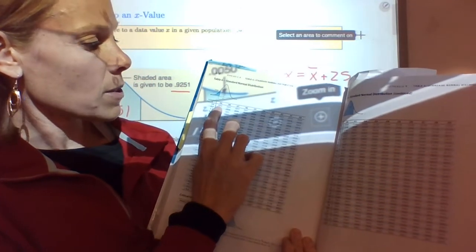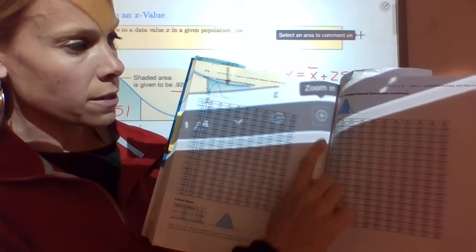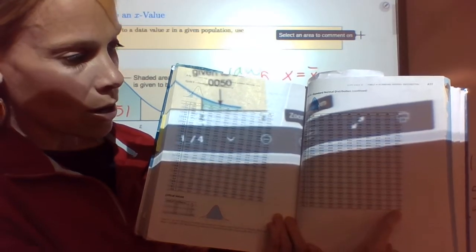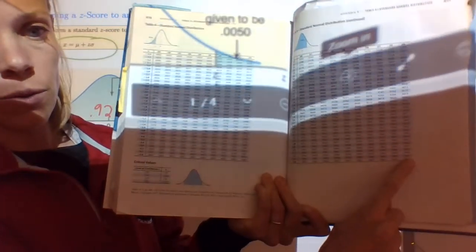You're not looking up a z-score, you're trying to find the z-score. So you're looking at these numbers. If you notice, the smallest probability is in the top left-hand corner, and then it gets bigger and bigger to 50%, and then it starts at 50% and gets bigger and bigger all the way to almost 100% down in that corner.